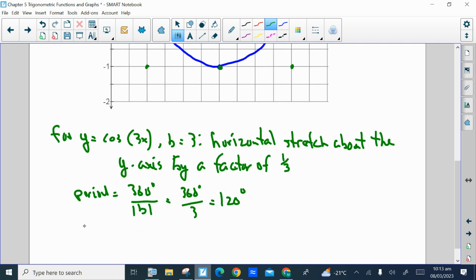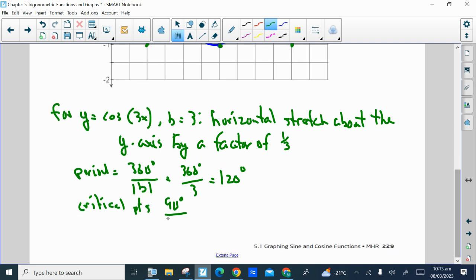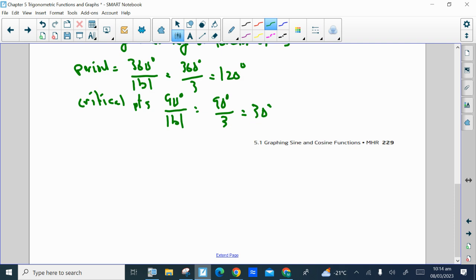But we could have got that by remembering that normally our critical points are at every 90 degrees, but they are also affected by our b value. We can get our new critical points by dividing 90 by, again, the absolute value of b. So 90 degrees over 3 is 30 degrees. So we also could have got our critical points that way and then plotted them.